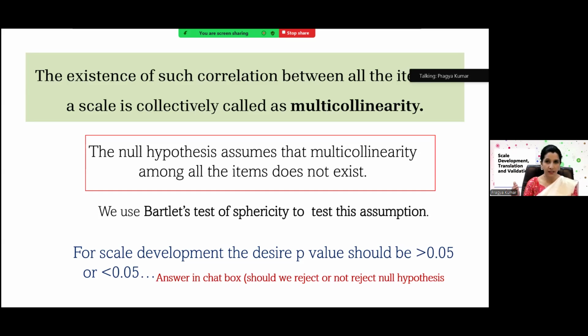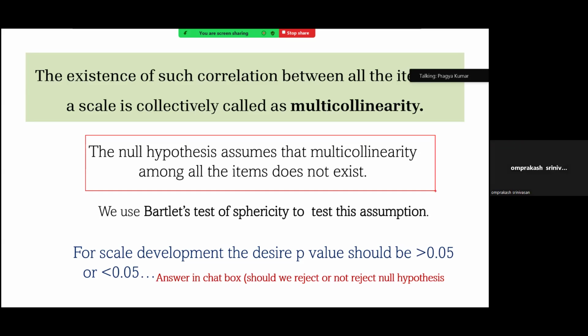So for factor analysis to be effective, what should be the value of p in this Bartlett's test of sphericity? More than 0.05? More than 0.05 means you will be accepting the null hypothesis. So you want that multicollinearity not to be there? No, we want collinearity.